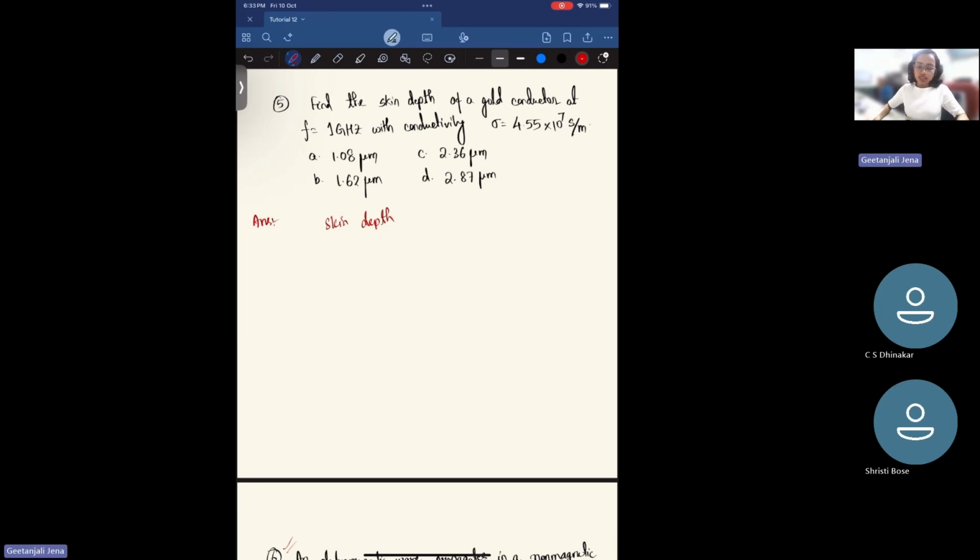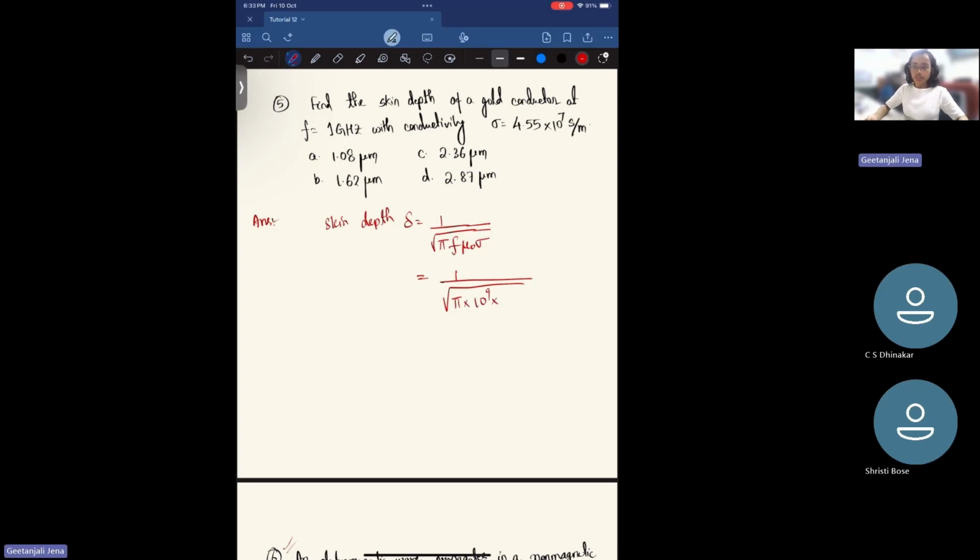So skin depth, delta is 1 by square root of pi f mu naught sigma. So this is 1 by root pi. F is given 1 gigahertz, which is 10 to the 9.